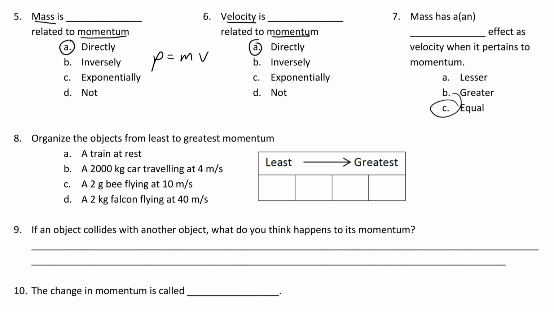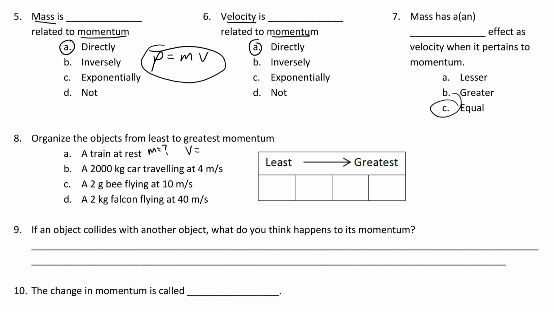Okay, number 8 says organize the objects from least to greatest momentum. So you had to calculate p equals mv. The momentum is the mass times the velocity for each of these things. For A, it's super ambiguous. They don't tell you what the mass is, and they don't tell you a number for the velocity like in the other ones, but do you know what the velocity of a train at rest is?